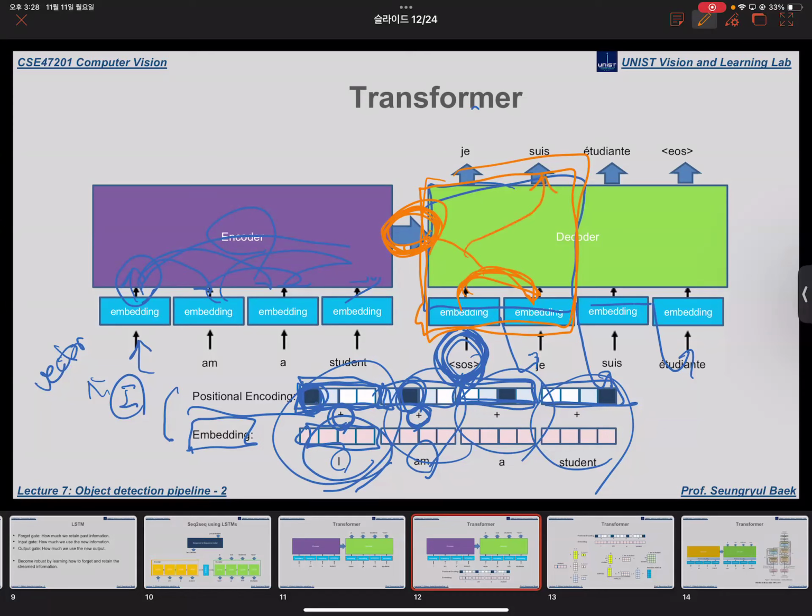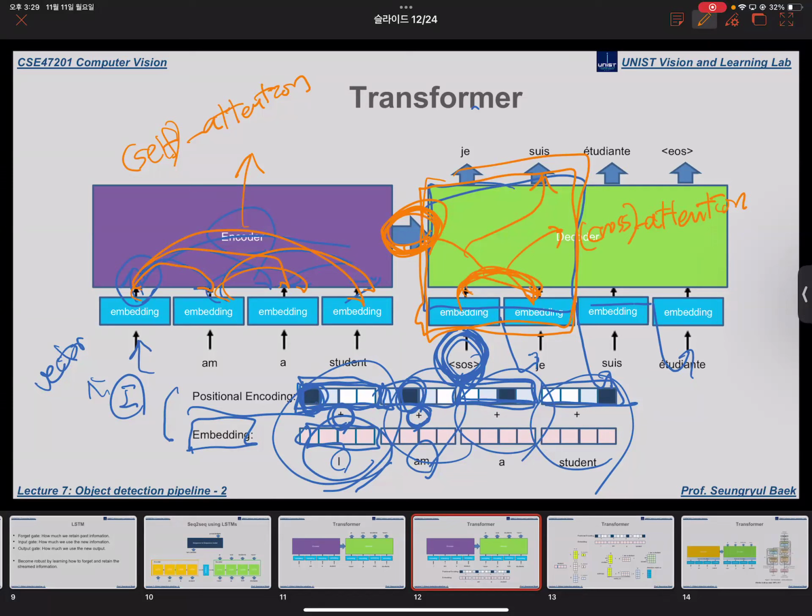So in the encoder part, this attention calculating the dense relationship inside the input is called self-attention. In the decoder, this operation is called cross-attention.